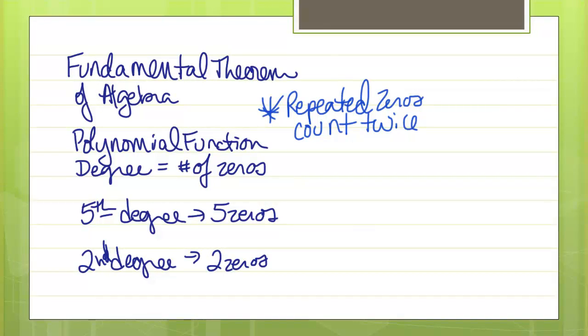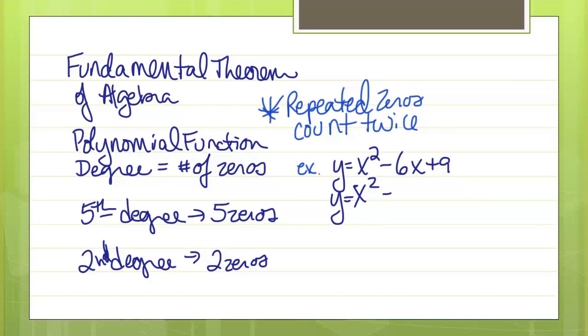So for example, if I have this perfect square polynomial, it factors to this. Again, I'm writing it with a y instead of f of x, but it factors to x minus 3 squared.